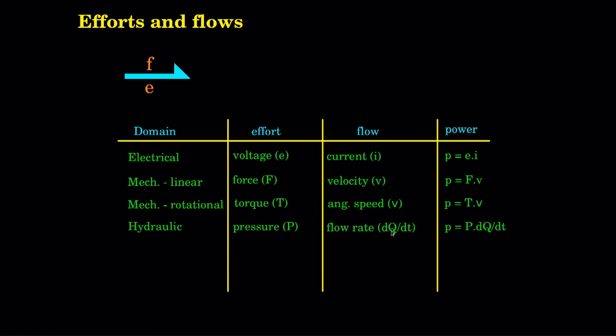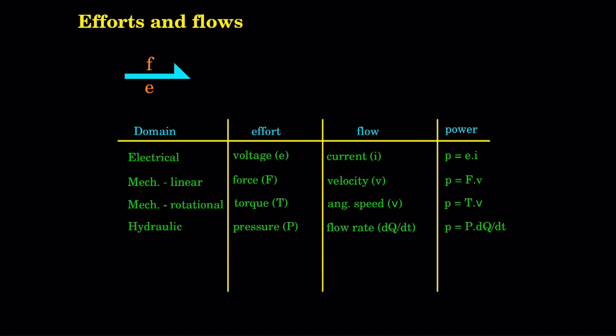Discharge is Q, discharge volume, rate of discharge, dQ by dt. So, it is used in all these pumping applications, water pumping or any other pumping applications. Pressure into dQ by dt is power again. So, if you know one variable, you can find out the other variable knowing the power relationship.